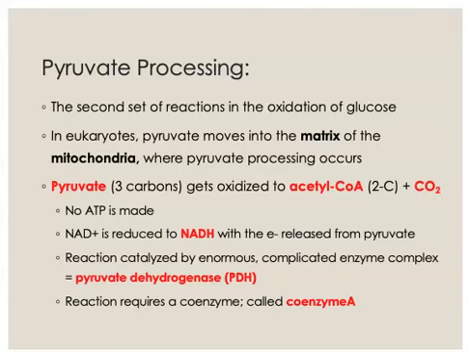So the coenzyme involved in pyruvate processing is called coenzyme A. And during the actual catalysis, the CoA will become part of the product molecule. That's why it's called acetyl-CoA.